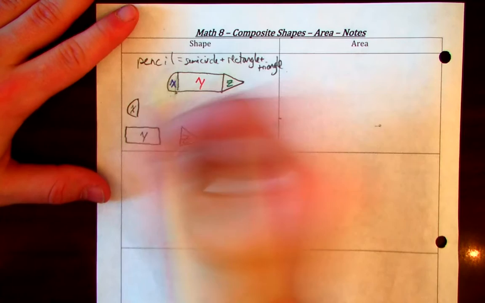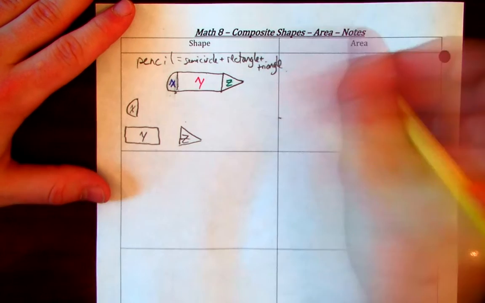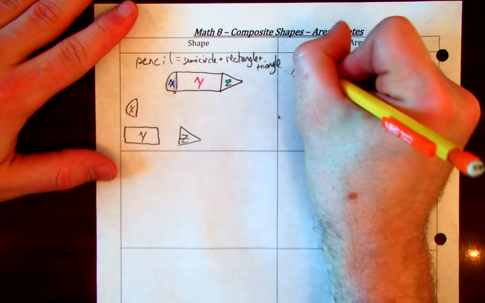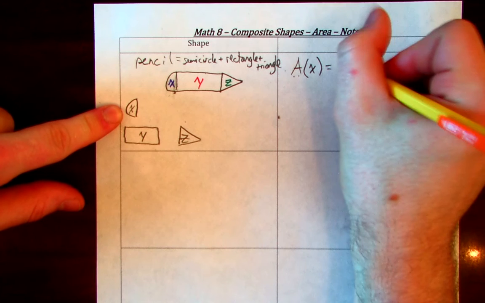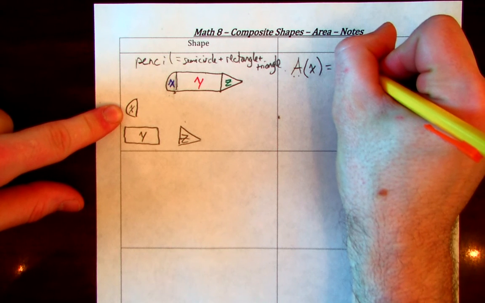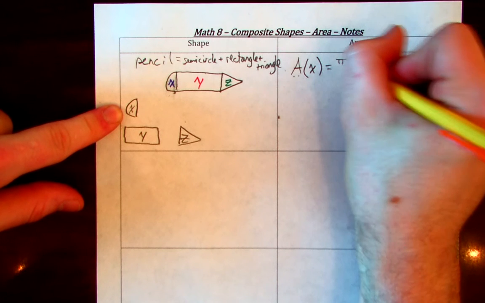So how do we do that? Well, the area, so I'm going to say A, the area of our semicircle is going to be equal to, well, what's the area of a circle? It's going to be pi times r, which is pi r squared.